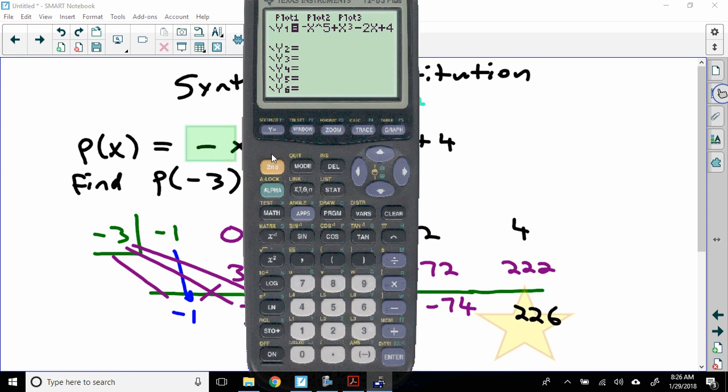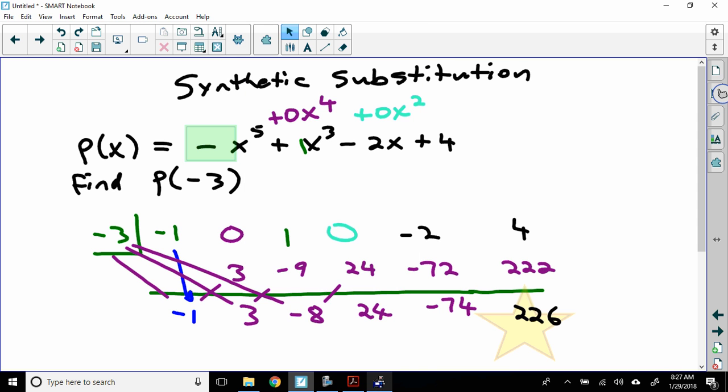And we went ahead and found P of -3. So I'm just going to go to the table, and when x is -3, there it is, 226. We got him. We did good. Isn't that the coolest thing ever? We're going to revisit that, so don't forget how to do that. We're going to look at that again in 2 days' time.